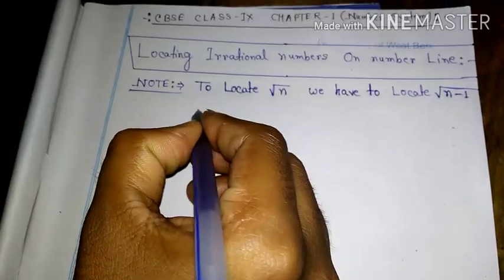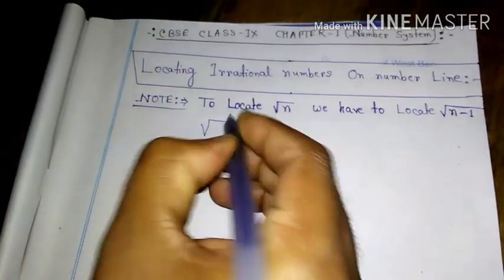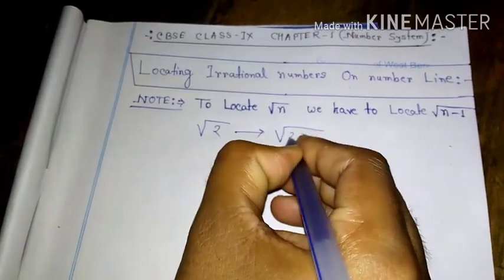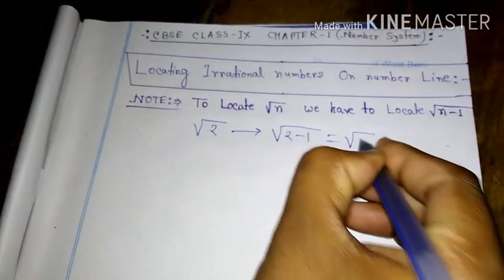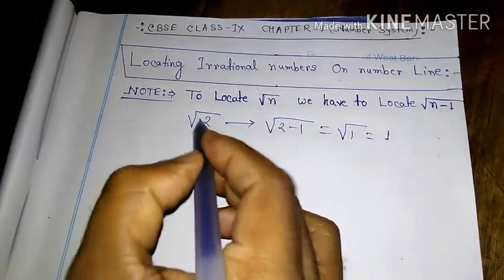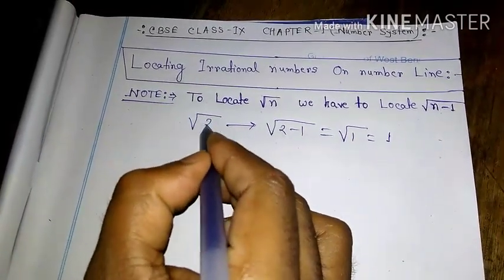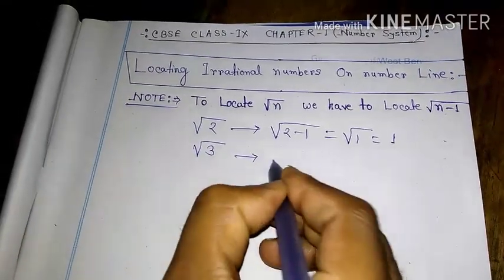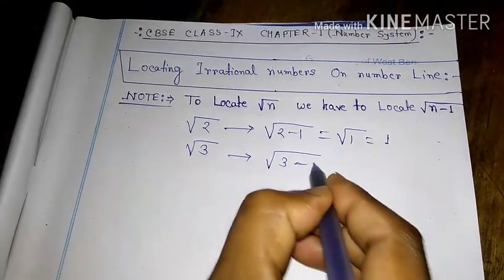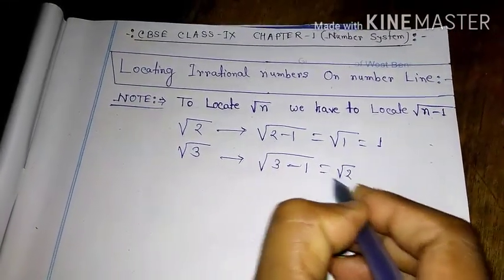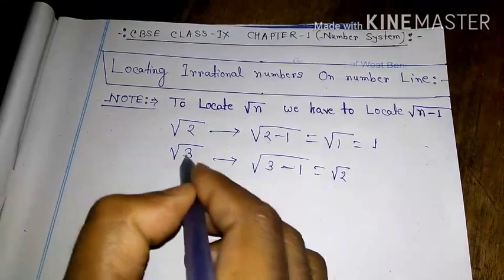Suppose you want to locate root 2. First you have to locate root of 2 minus 1, which is equal to root 1, that is, 1. Then you can locate root 2 on the number line. For root 3, 3 minus 1 is equal to root 2, so first you locate root 2, then you can locate root 3.